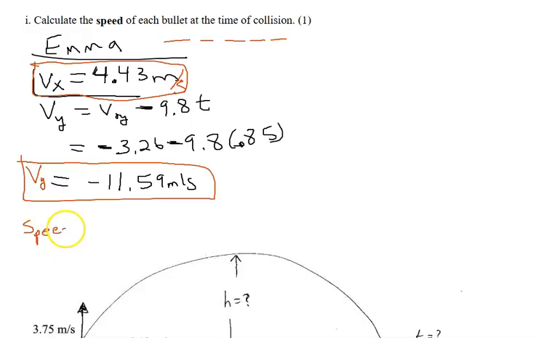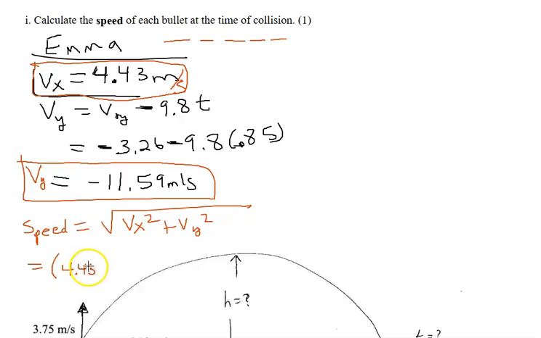But the total speed is the Pythagorean theorem. 4.43 squared plus, technically negative, but when you square a negative, you get a positive. And then you take the square root of that, and you get 12.4 meters per second.